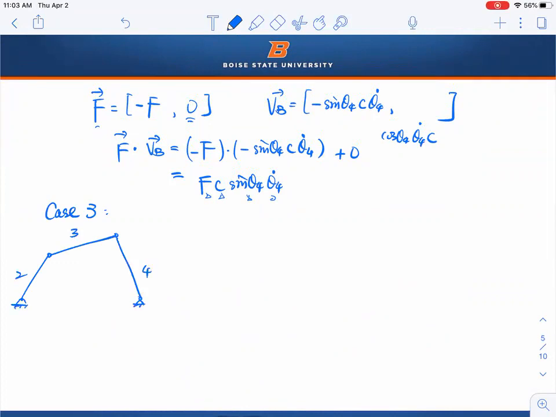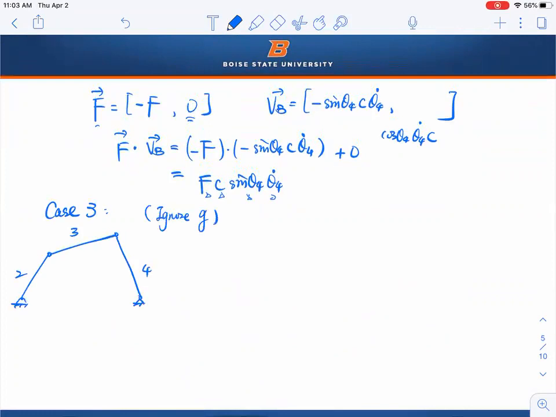Okay, so in this case, we also ignore gravity. But then I can say that when we design link number 4, we are not using a homogeneous bar. So we actually design the bar such that your G4 is away from the geometric center. So that's your O4, that's your B. I can give it a random number.